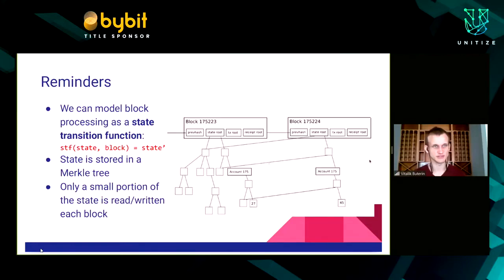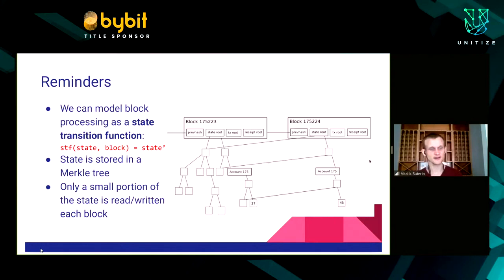For example, if the state is that Alice has 50 coins and Bob has 50 coins, and you create a block where Alice gives Bob 100 coins, then that block is not valid. But if the state had said that Alice has 100 coins, then the block would be valid, right? But we can not talk about validity. We can just think about it in terms of transitions and in terms of what the current state is.